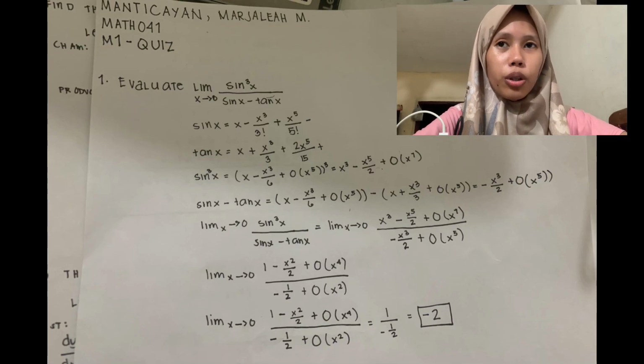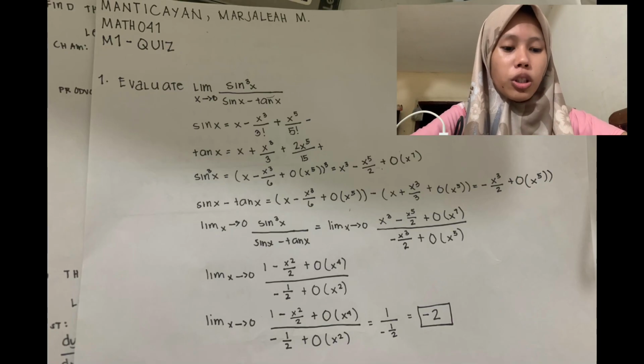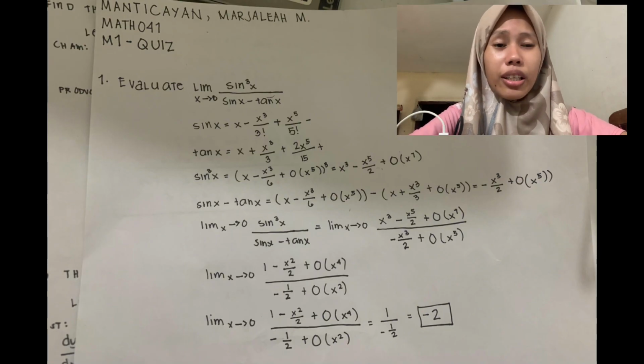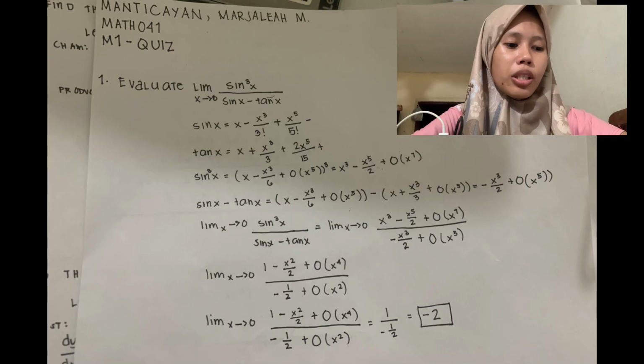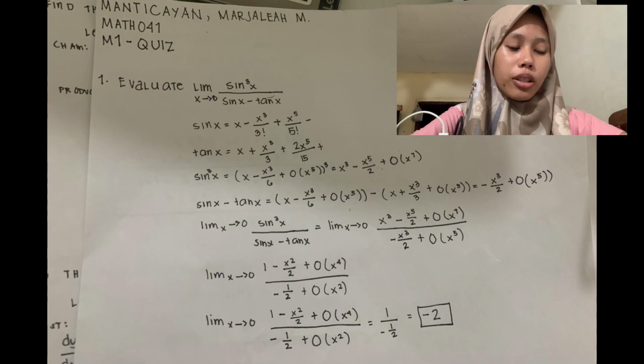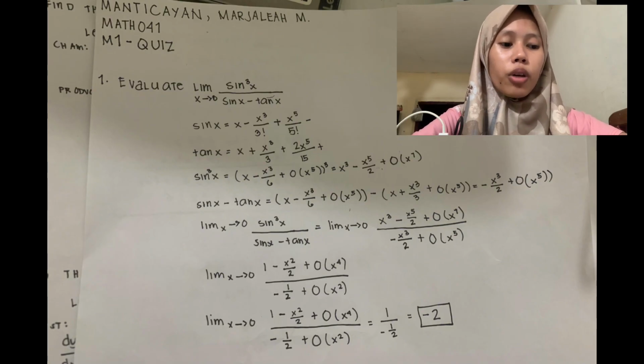So if we do that, we will have the limit as x approaches 0 of sine cubed x over sine x minus tan x, which is equal to the limit as x approaches 0 of x cubed minus x to the power of 5 over 2 plus 0 x to the power of 7, over negative x cubed over 2 plus 0 x to the power of 5.